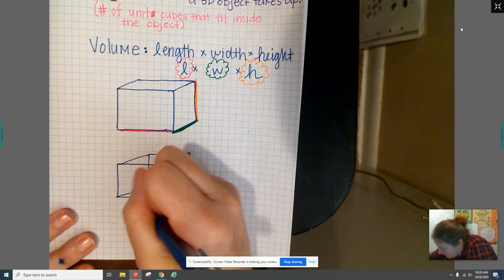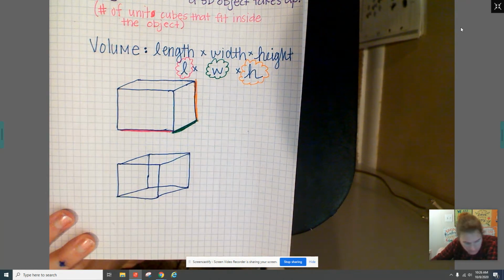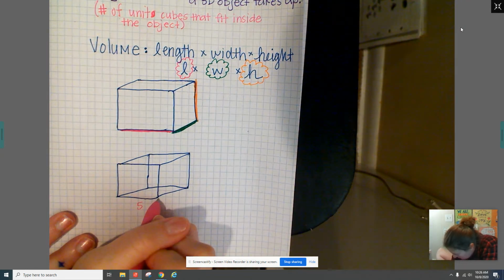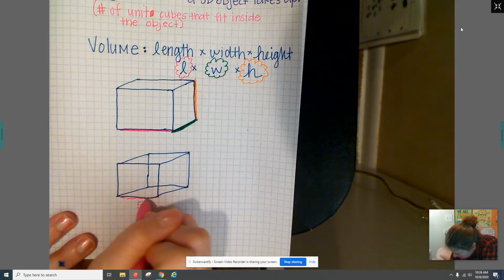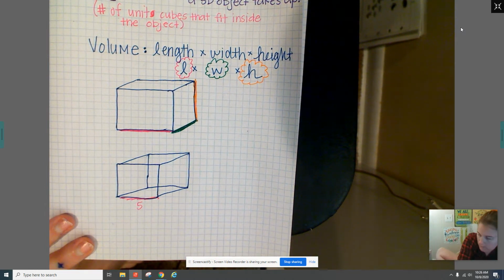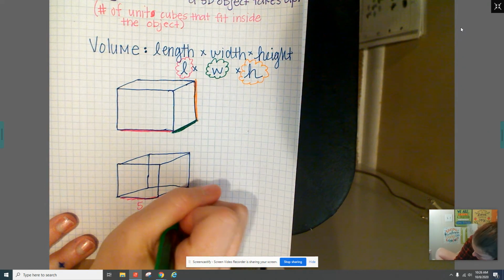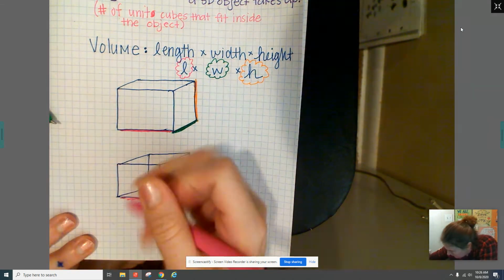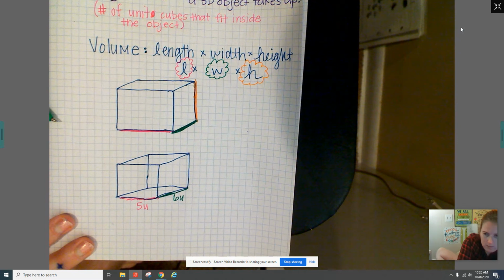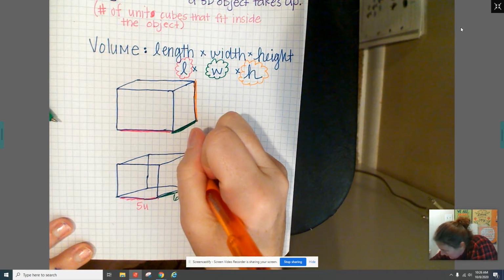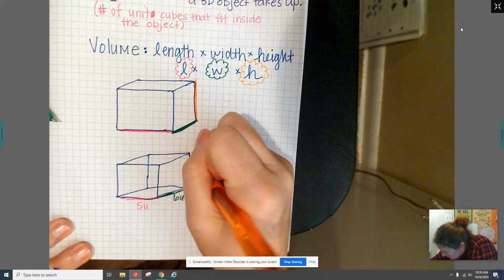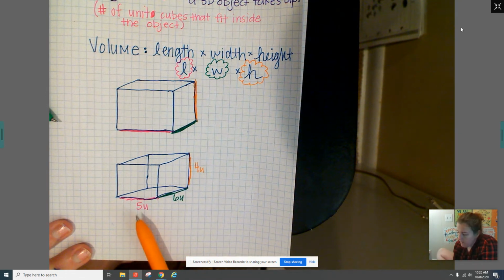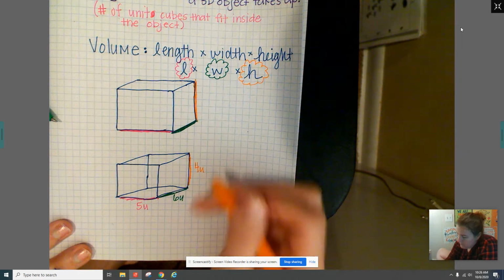So if the length is 5 units, the width is 6 units, and the height is 4 units, to find the volume you would just do 5 times 6 times 4.